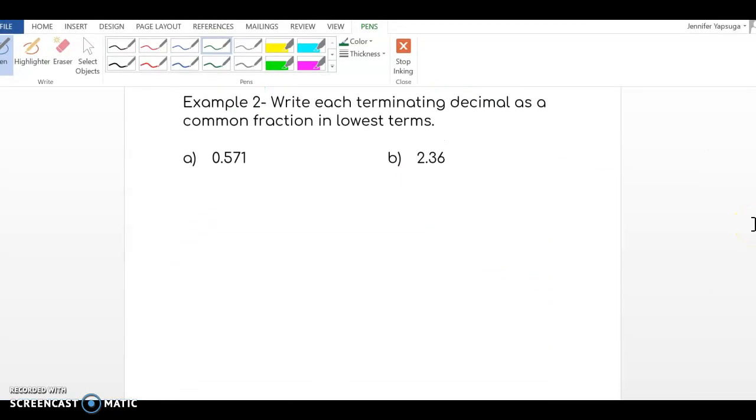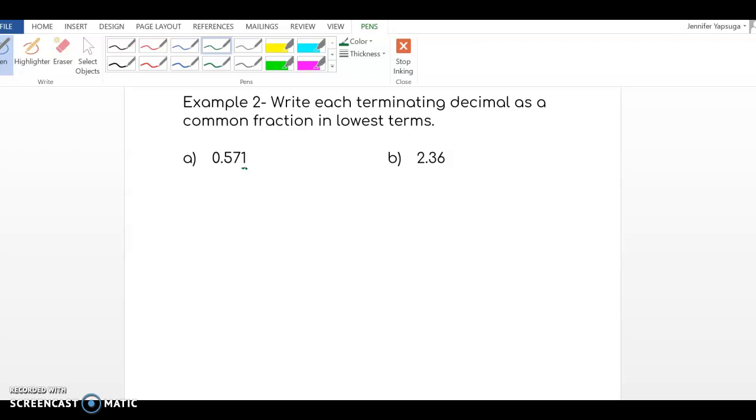All right, so now we're asked to write these terminating decimals as common fractions in lowest terms. So really, here's where we're going to be using our place value to help us out. So if I look at where this 1 is situated, and I recall my place value, so the 5 would be in the tenths, the 7 would be in the hundredths, so the 1 would be in the thousandths.